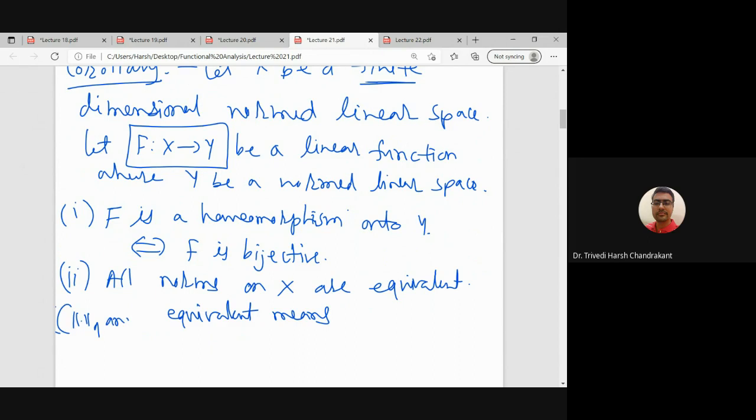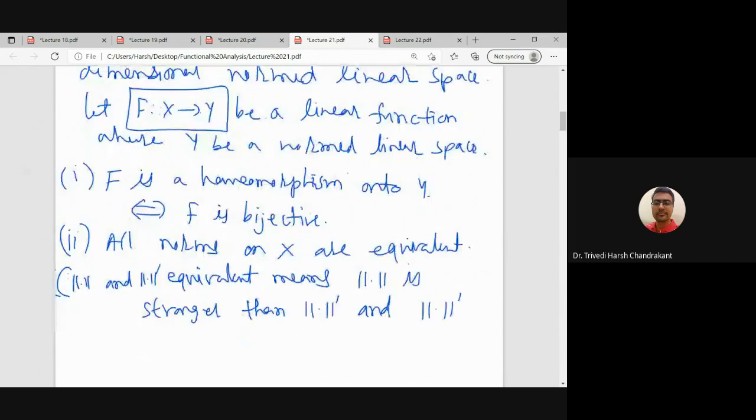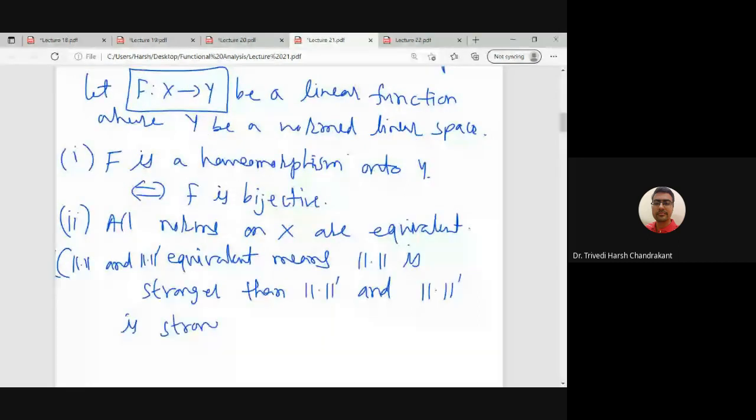These two norms are equivalent, that means the first norm is stronger than the second norm, and the second norm is stronger than the first one.